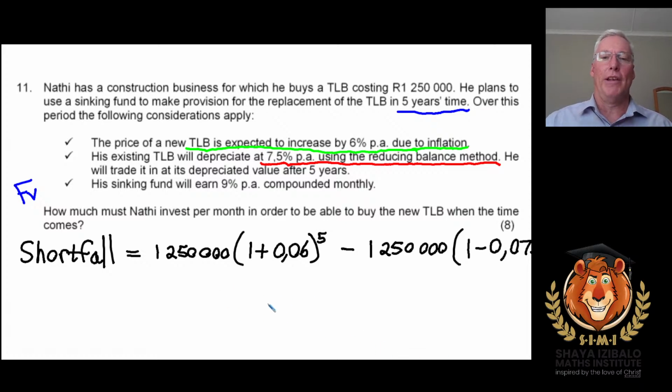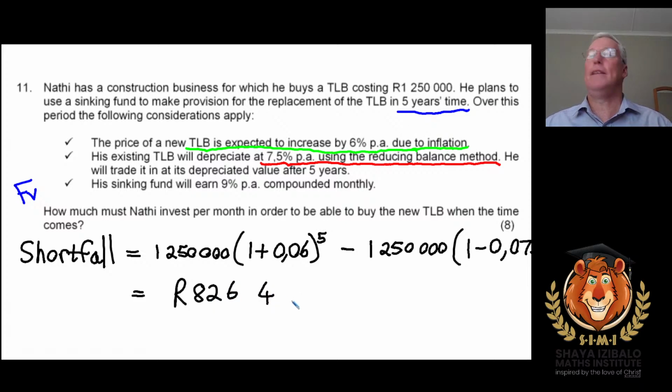To save yourself a little time on the calculator, you could factor out the 1.25 and put it outside a bracket. I'm going to tell you that this all comes to 826,483, say 483 and 95 cents.